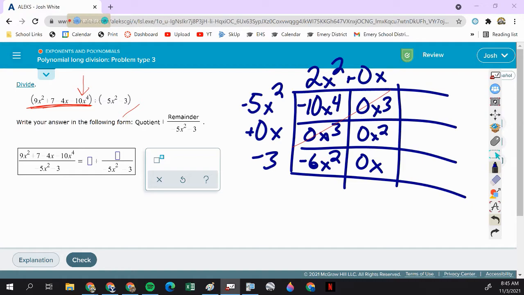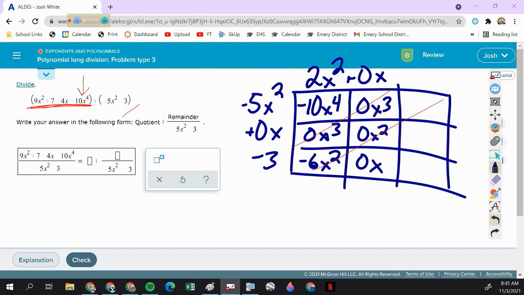So one thing you'll notice is if you have a 0 in a row, then every number in that row will be a 0. If you have a 0 in a column, then every number in that column will be a 0. All right. So now these three need to add up to be what?